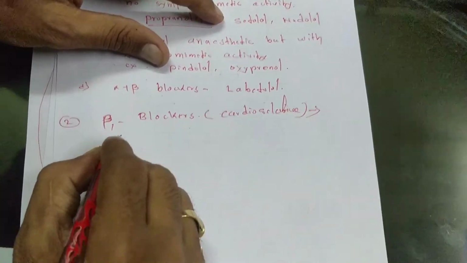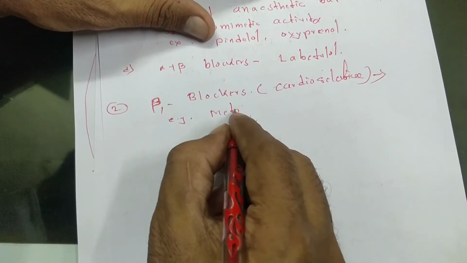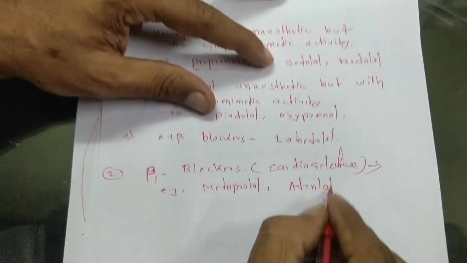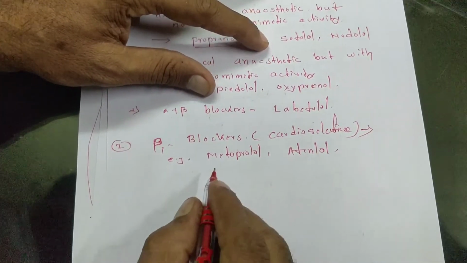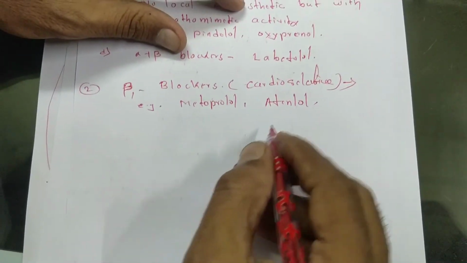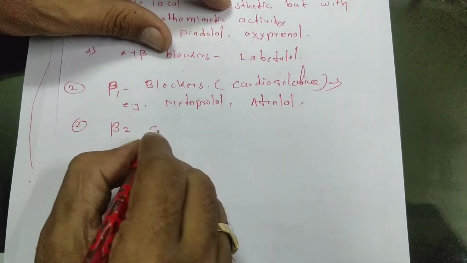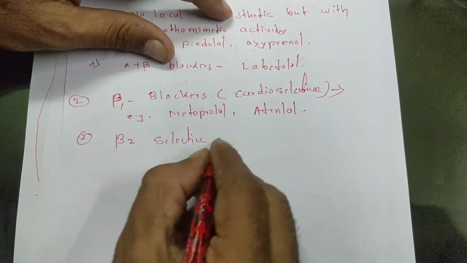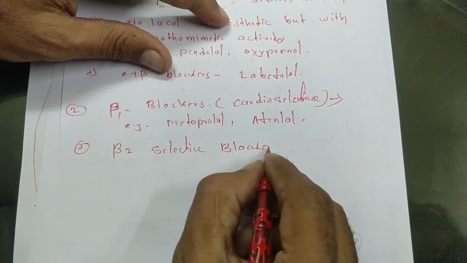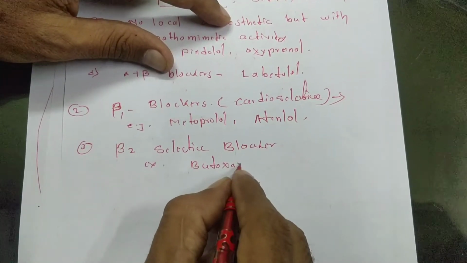Example, metoprolol, atenolol, tamsulosin, esmolol. Now the beta 2 selective blocker, they block only beta 2. Example, butoxamine.